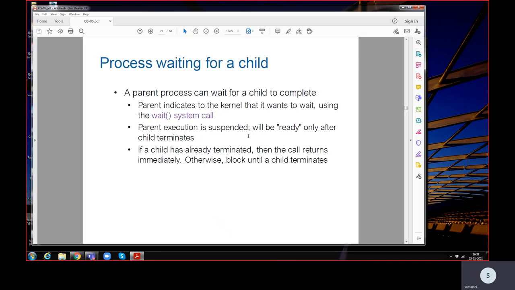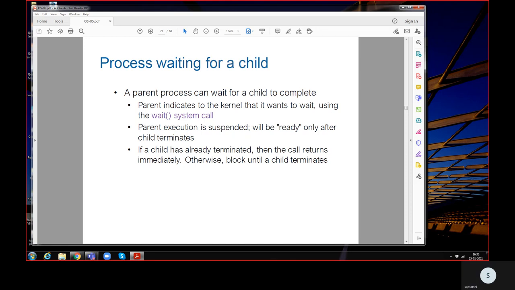It may happen that the child was allocated the CPU first. The parent is still in the ready queue. It can happen. And let's say the child finished its execution before the parent was again allocated the CPU. So now the parent is allocated the CPU and it executes a wait system call.